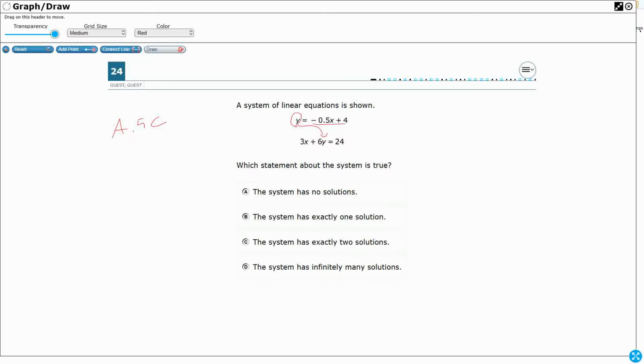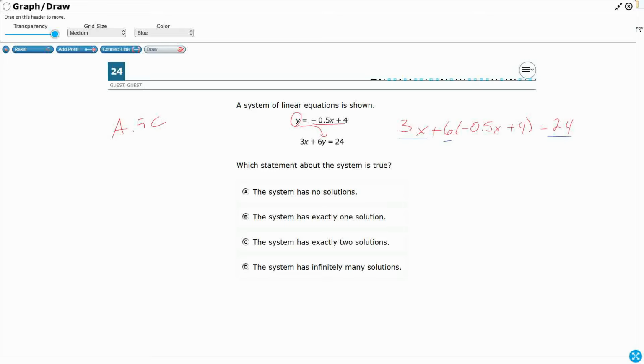So let's do that. We're going to do 3x plus 6, and then instead of y, I'm going to use this -0.5x plus 4 equals 24. All right, so this is the original, right? The 3x plus 6y equals 24.